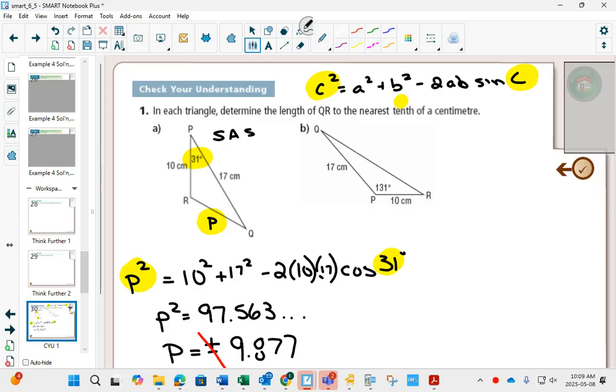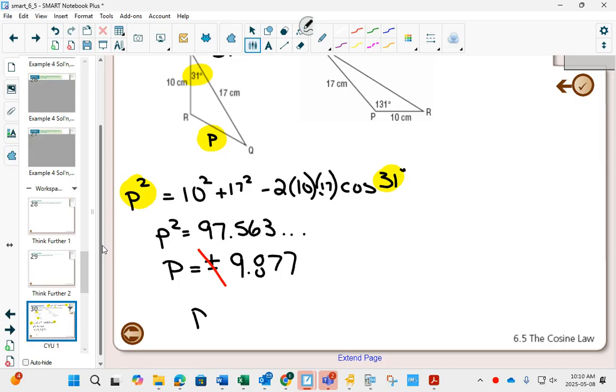And so you get into a habit of sometimes skipping the plus or minus, and then when it's important not to skip it, you skip it. And then it comes back to bite you. So I'm going to say it could be plus or minus, but it's only going to be the positive one. We're supposed to round to the nearest tenth, so P equals 9.9, and make sure we include our units in the end.